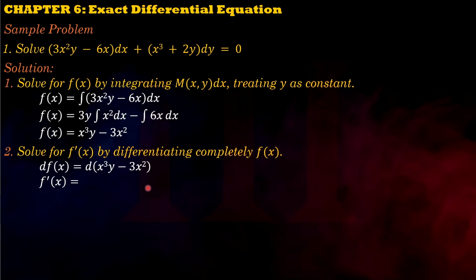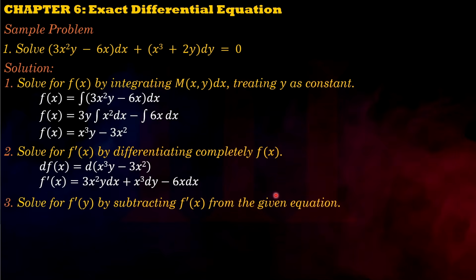So we could do the product rule. First the derivative of x cubed is 3x squared, then copy y, plus the derivative of x is simply dx, and then the derivative with respect to y is copy the x cubed, and the derivative of y is dy. We are going to do the same here, so we will come up with 6x dx.